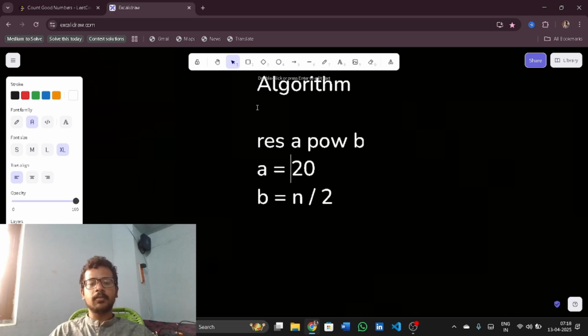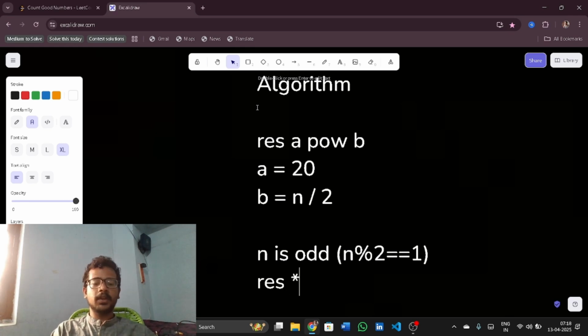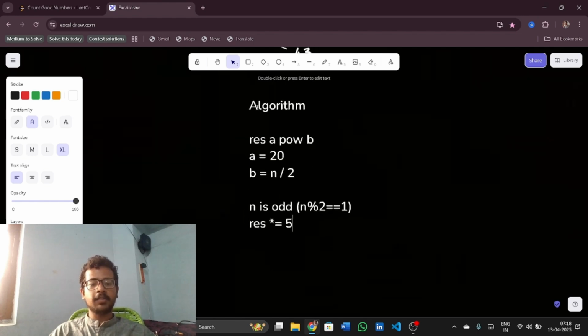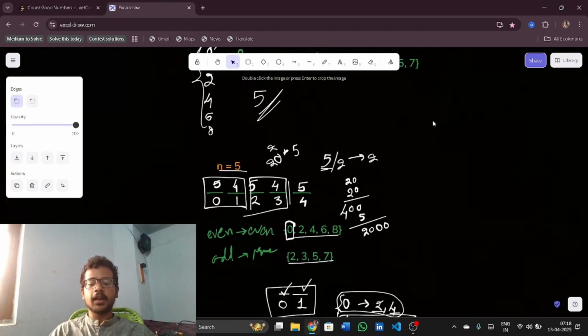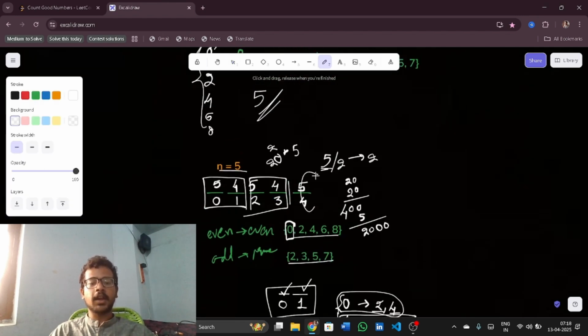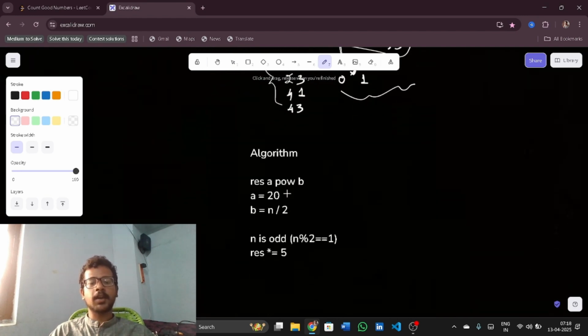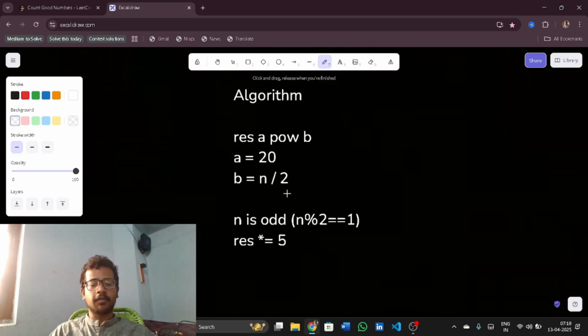If n is odd, how can we check that? n percent 2 is equal to 1, then result times equal 5. As I said previously, if n is odd, there will be one 5 remaining at the end, so we need to multiply our answer with 5.